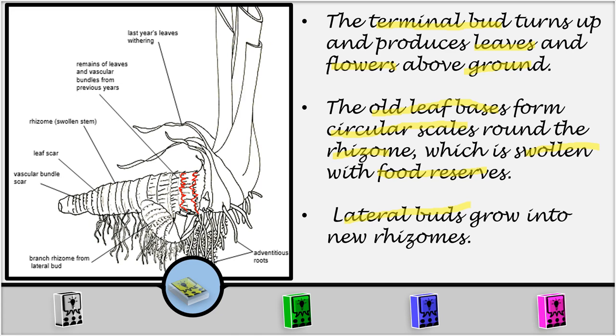Lateral buds, these ones grow into new rhizomes. So those ones, the buds that we shall have on the sides, they will grow into other rhizomes, those lateral buds. But we saw that the terminal buds bend upwards and produce what we call leaves and flowers.